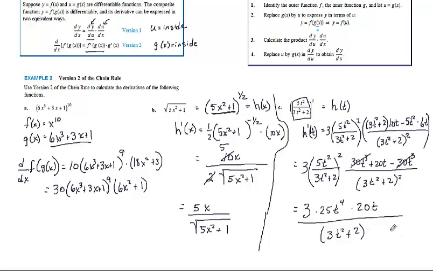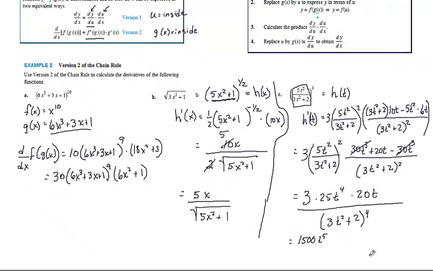Oh, I just saw that that was at the second. This is actually to the fourth. Sorry about that. Then this is going to be 60 times that, 60 times the 25, that'll be 1500t to the fifth. I need more room. All over 3t squared plus 2 to the fourth. That one was messy.